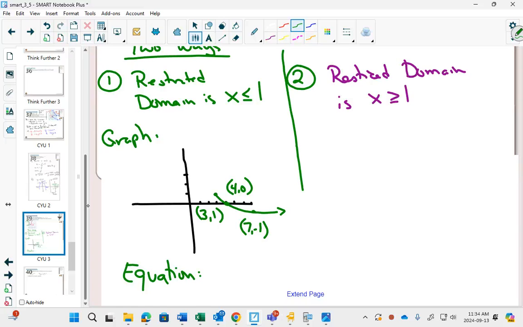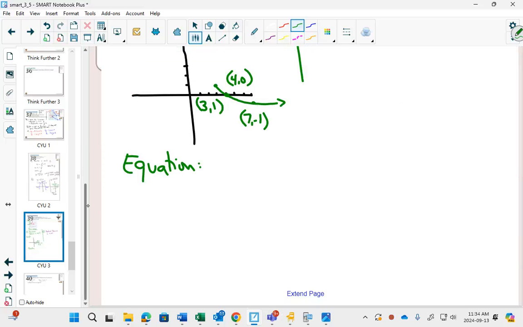To find the equation of the inverse, we could do it algebraically, or we could figure it out from the graph. If we were doing it algebraically, we would do the following. We would switch x and y. So instead of y equals, I have x equals y minus 1 squared plus 3, and then I would have to get y by itself.